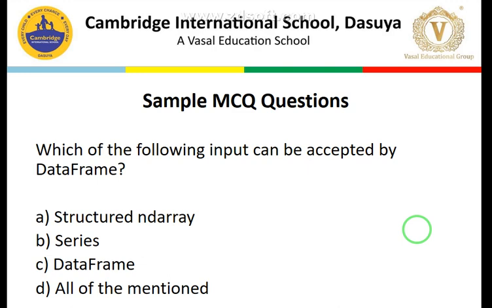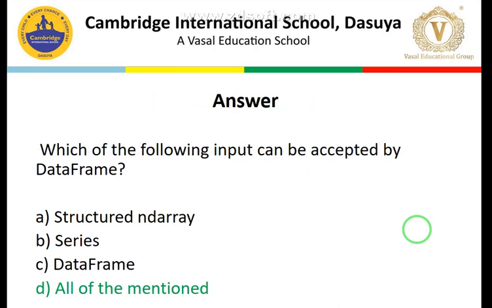All of these, because from a structured array we can create a data frame, from a series we can create a data frame, and from a data frame we can create another data frame, which we have already discussed in the previous slides. So the last option, all of the above, is selected here. Students, my humble request is that you carefully reply to MCQ questions.